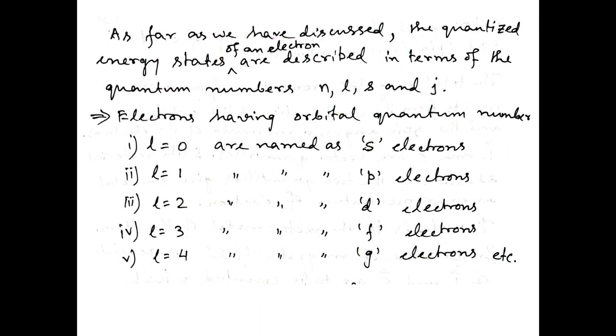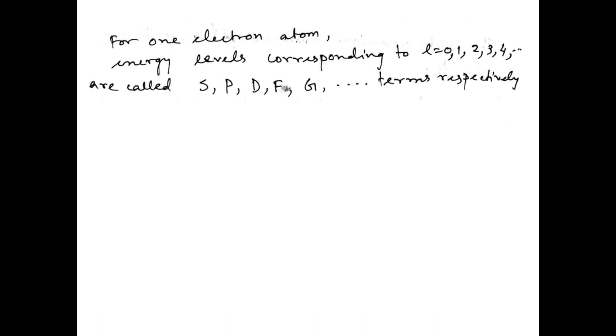So from those discussions, those SPDF are called the term values. What is the difference between the small s and capital S, or small p and capital P, or small d and capital D? Later on we will see that it is from a single electron or the many electron system. We will just designate the terms accordingly.